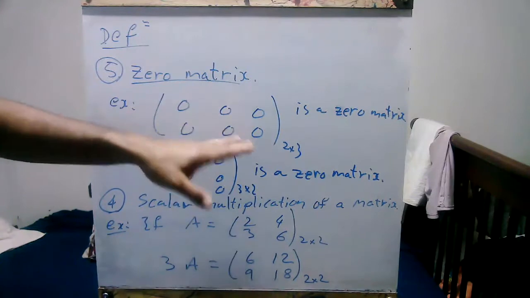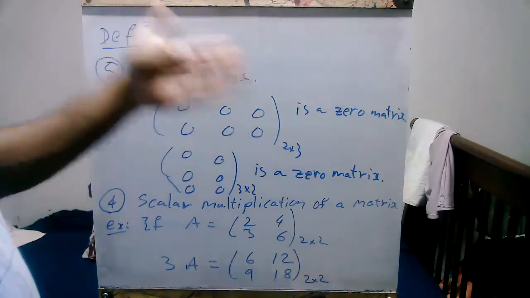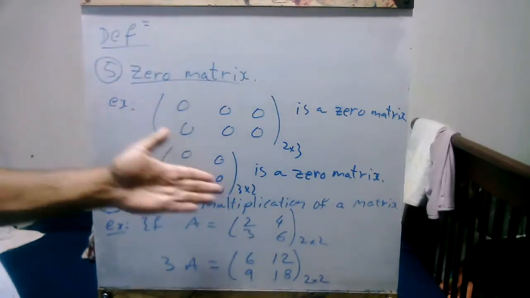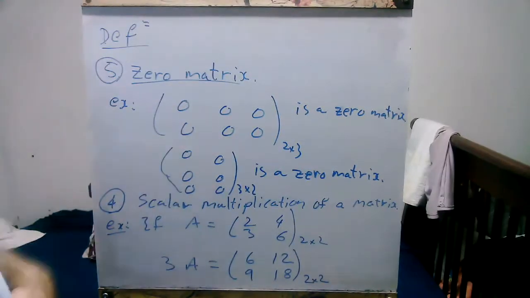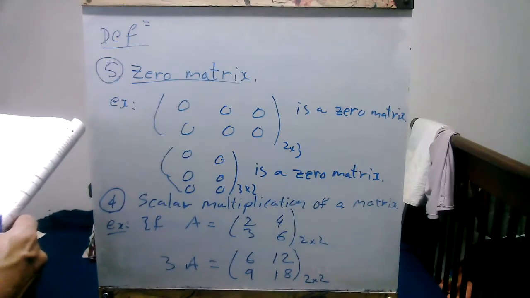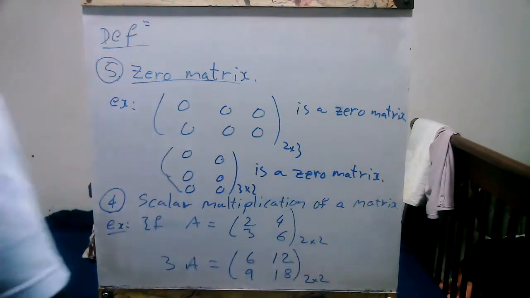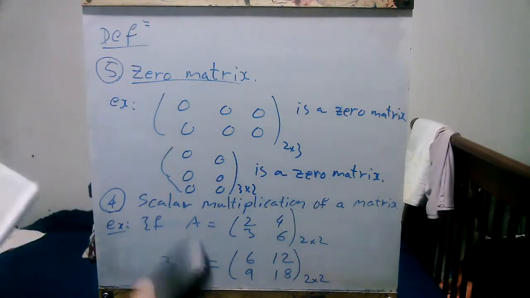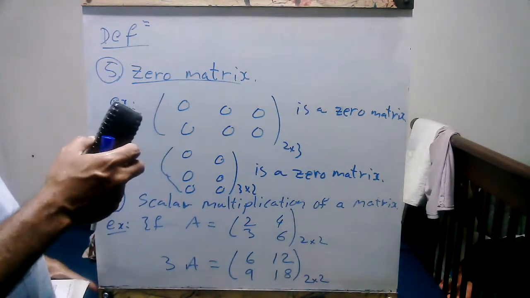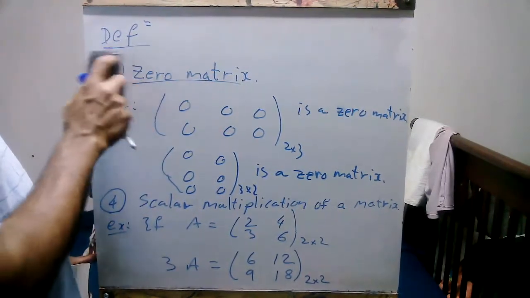See, dimensions are different, but they both are zero matrix. It could be 2 by 3, 4 by 3, 4 by 5, 3 by 2. If all elements are 0, it is a zero matrix. Okay, that's all about definitions in this section A1.